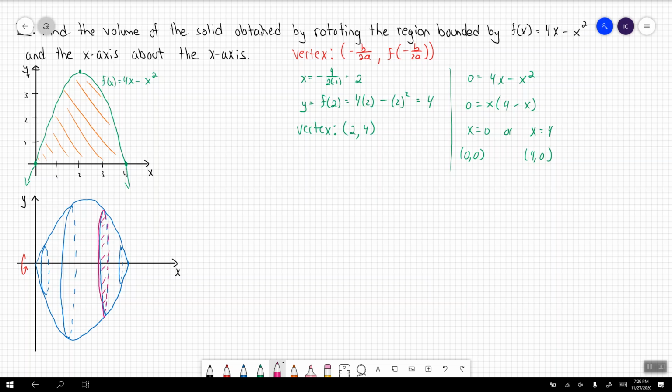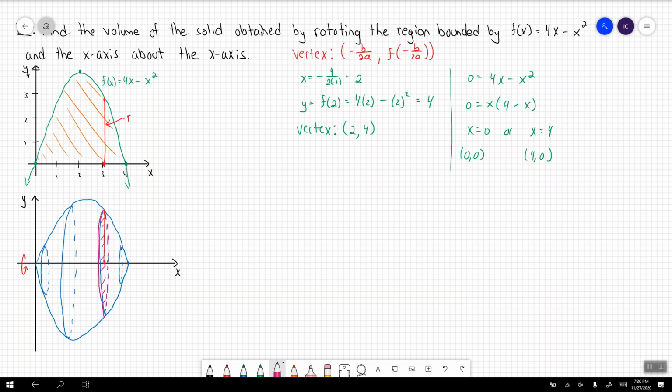Now, whatever x sub i, whatever interval or sample point I choose here, that's going to have a direct correlation to the figure. That sample point will then create a radius, and this is why I created these two figures, so that I could analyze what that radius is.